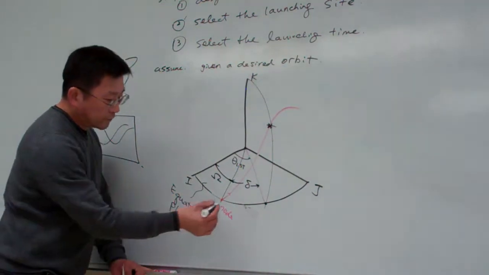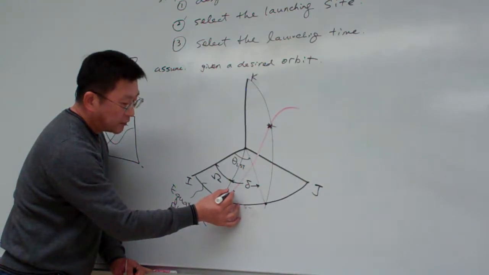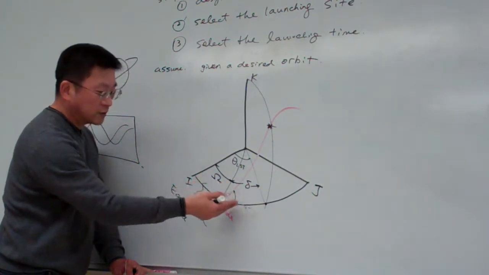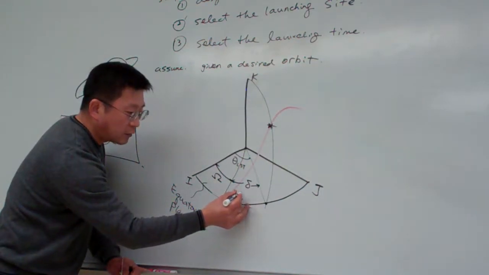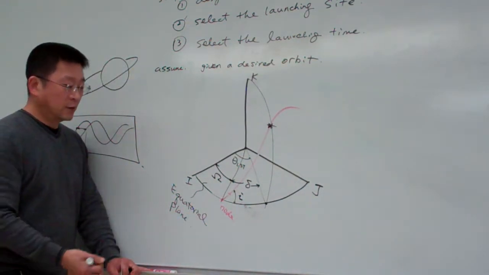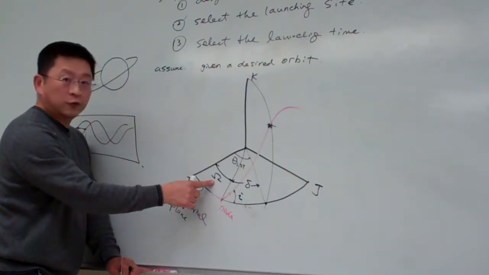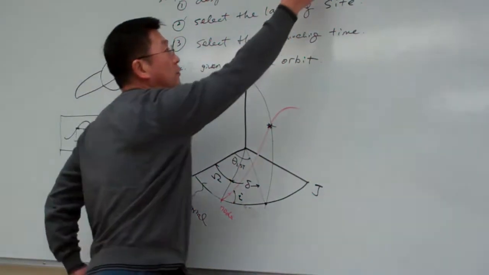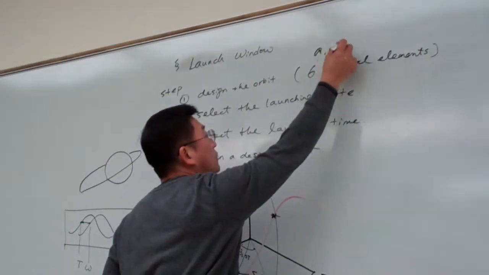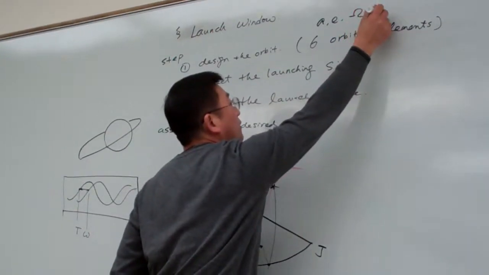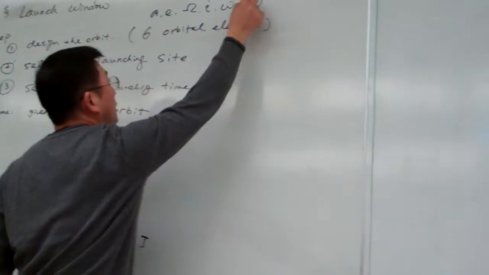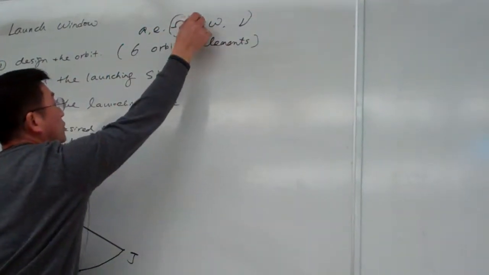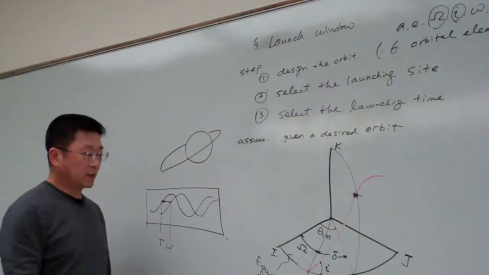And this angle, between the orbit and the equatorial plane, is our inclination angle I. So here I and omega are two orbital elements. We have a, e, omega, I, omega, and nu. Right now we have already used two of them.